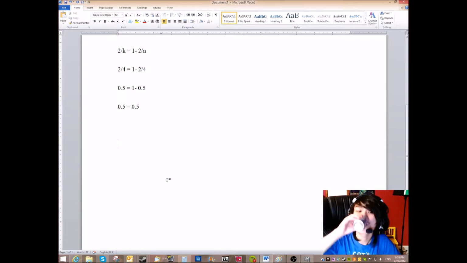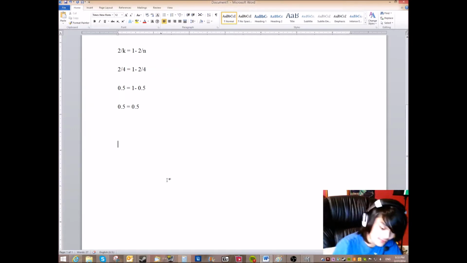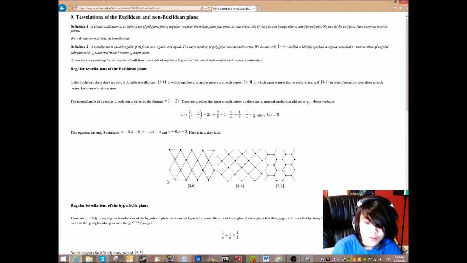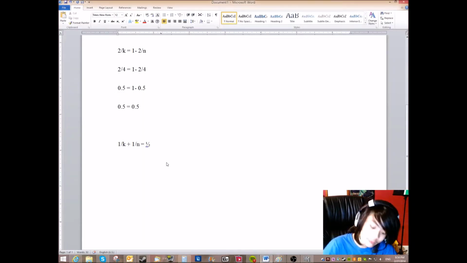And for our third equation, we have 1 over k plus 1 over n equals 1 over 2. And we'll use the third tessellation, 6, 3. So we'll have 1 over 3 plus 1 over 6 equals 1 over 2. Now we'll have just 0.33 like we did before, 1 divided by 6 is 0.166, 1 divided by 2.